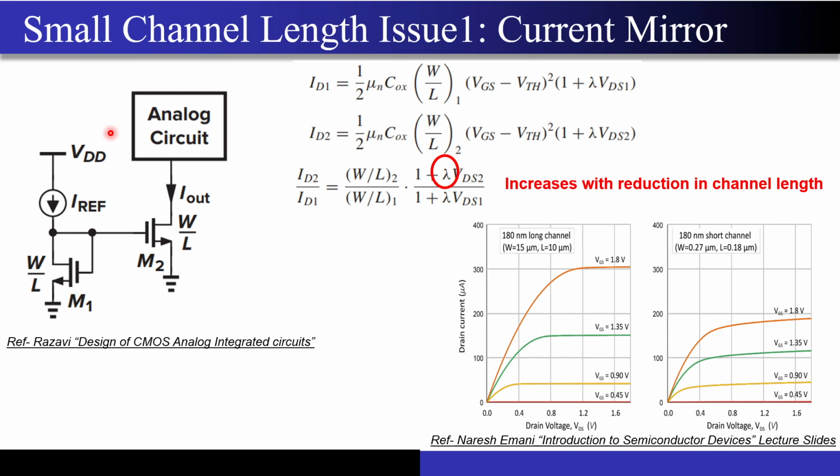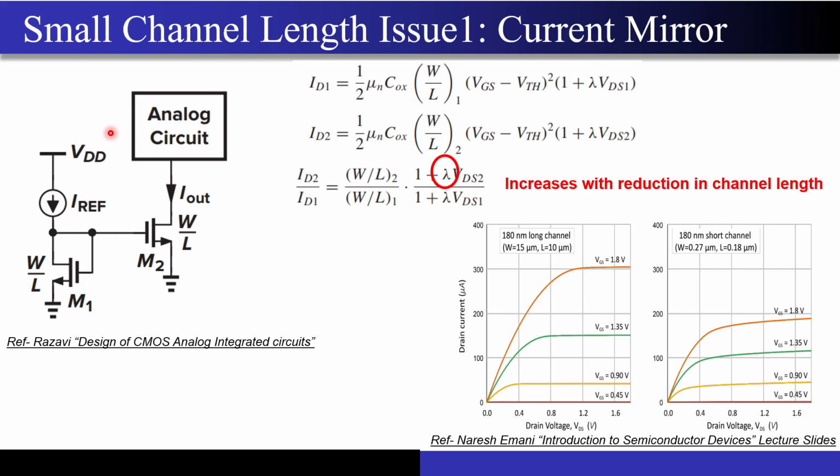The quiescent current obviously depends on the biasing. And lambda is a parameter associated with short channel transistors, right? Correct.